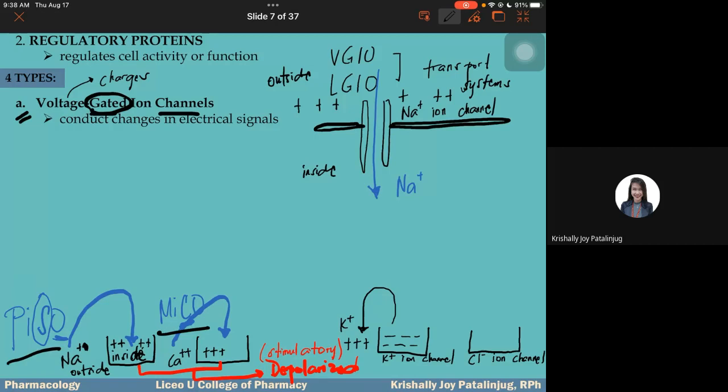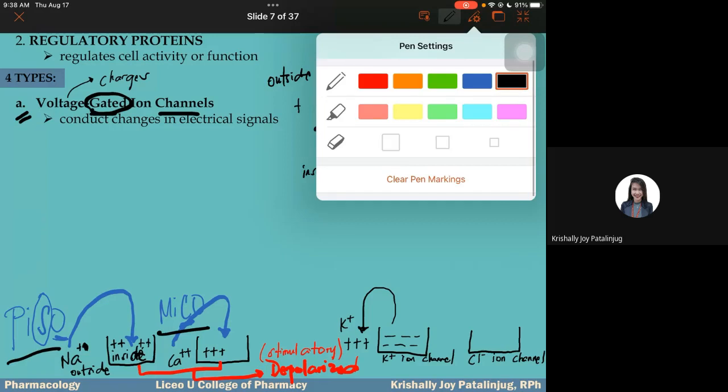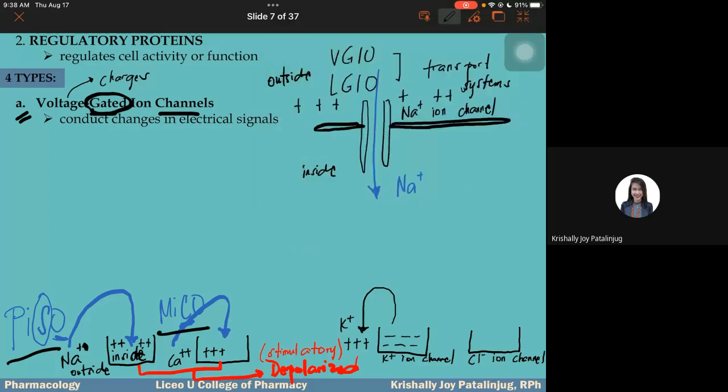Normally, yes, they are found outside. Very good. They are found outside of the cell. Right? What's the mnemonic? Chloride out. Chloride is normally found outside the cell.